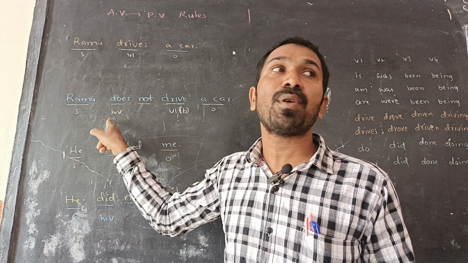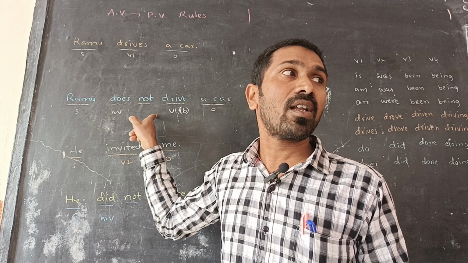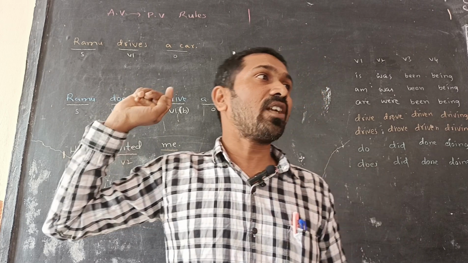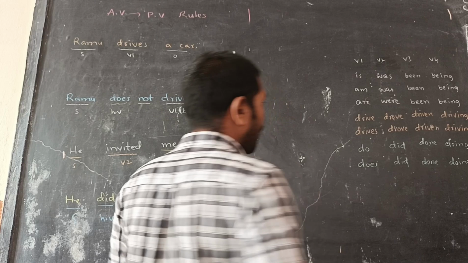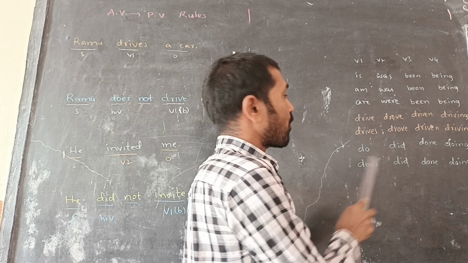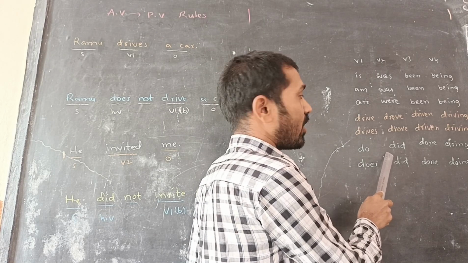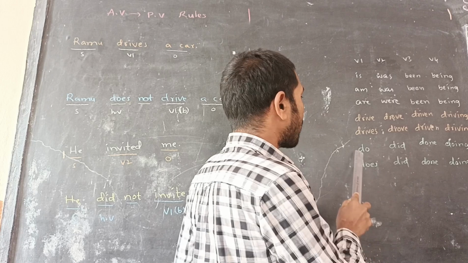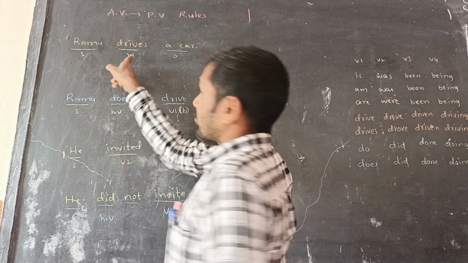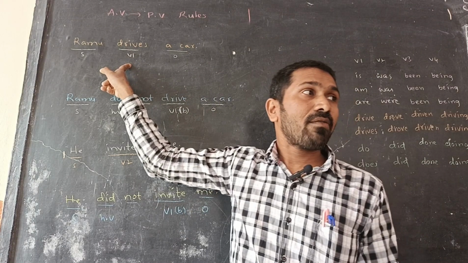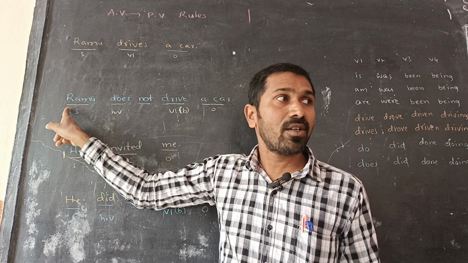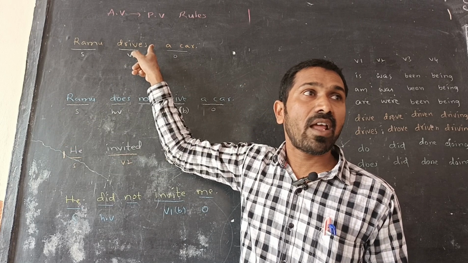V1 related helping verbs. What are those V1 related helping verbs? Do forms. Do forms, V1 are do or does. Next, V2 is did. V3 is done. So the verb drives is V1 singular, Ramu is singular, so we have written drives.